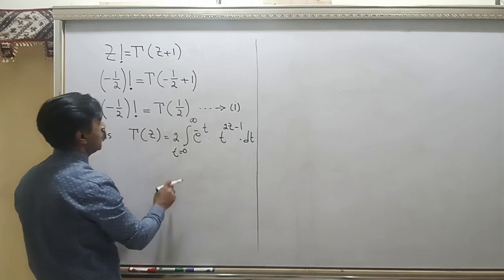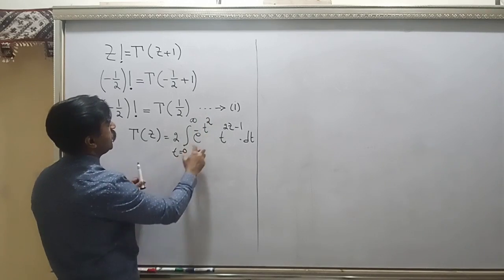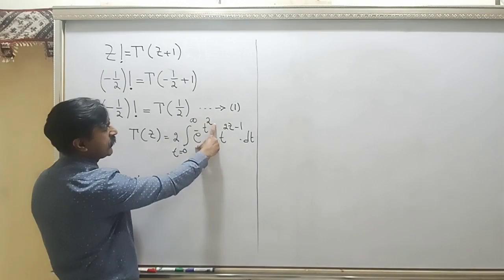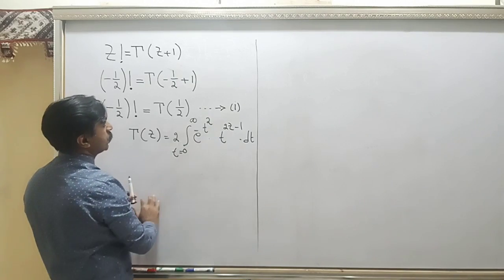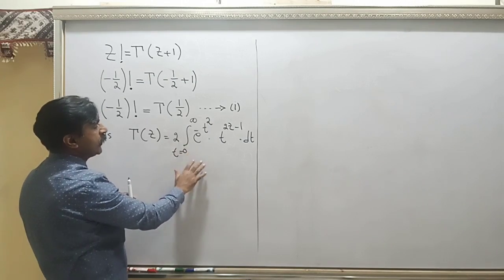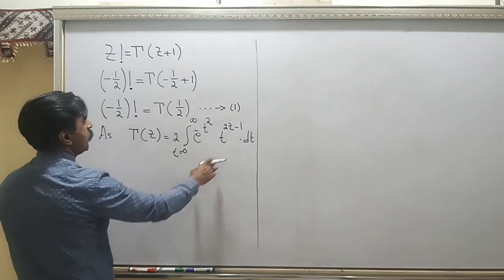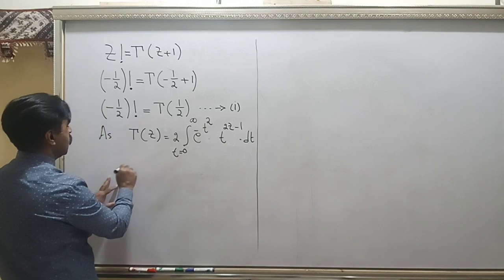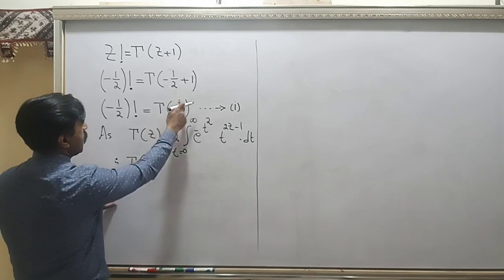This function e to the minus t square is known as the Gaussian function. Because of this function, you can call this form of the gamma function the Euler-Gaussian form of the gamma function.